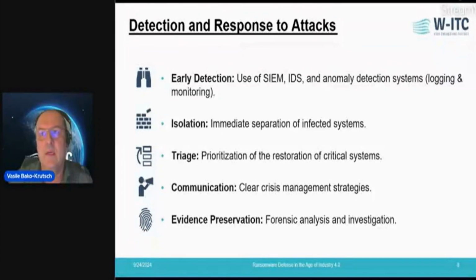You need to take into account many factors such as business impact, regulatory requirements, and customer needs. And the triage helps to prioritize which system will be restored in the very first place.